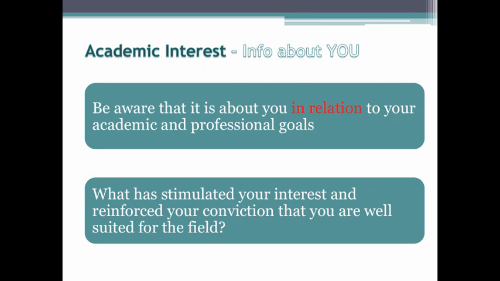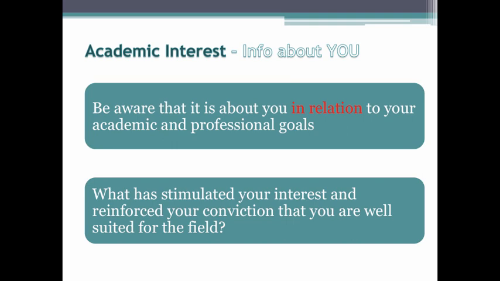Now, when it talks about the academic histories, this is where you're going to emphasize things about yourself, right? Be aware that in relation to your academic and professional goals, you should only present information related to the program. Only emphasize what would pique your interest and that of the program, okay?